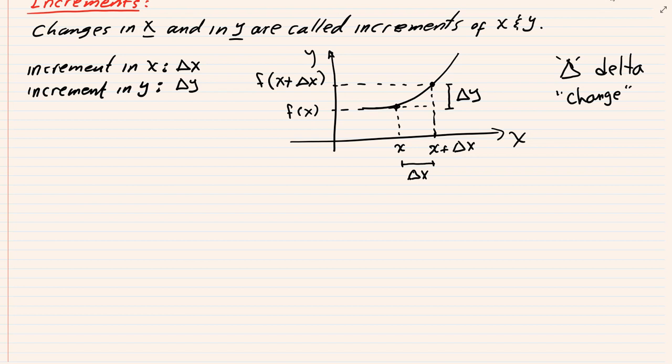Okay, so let's take a look at an example here. In our first example, I'm going to make a simple function. Suppose I have y equals x squared, and let's say we're moving from x equals 1 to x equals 2.